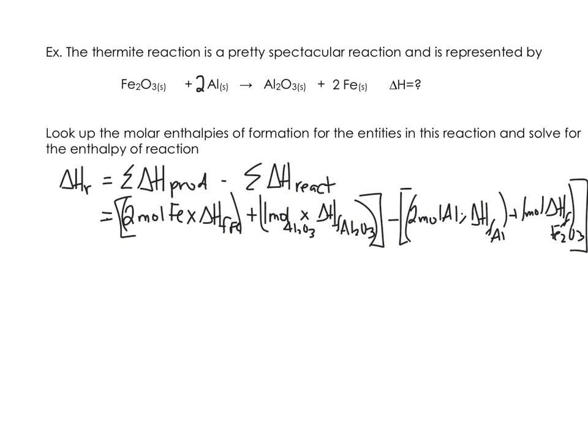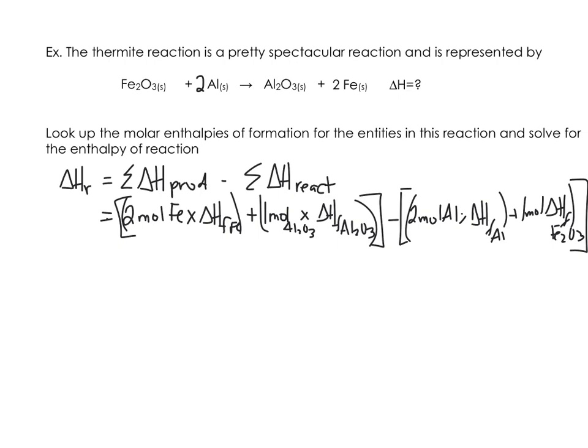So if you go and look up this information in your data table, you're going to find an interesting thing. You're either going to see that there's no iron, no aluminum, or it's going to tell you that the value is 0.